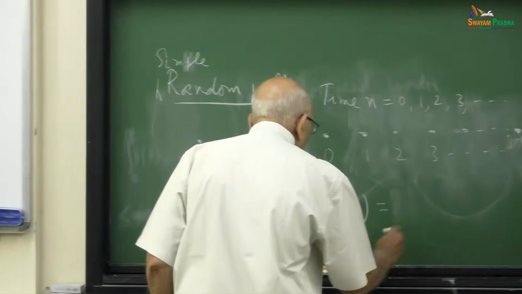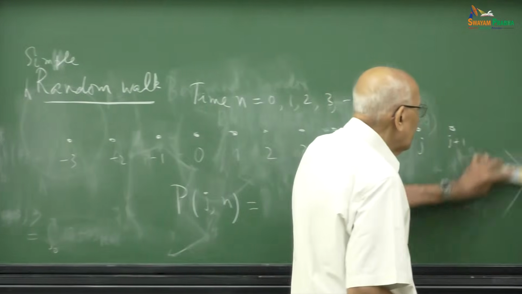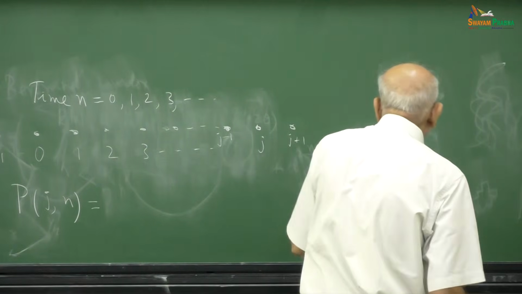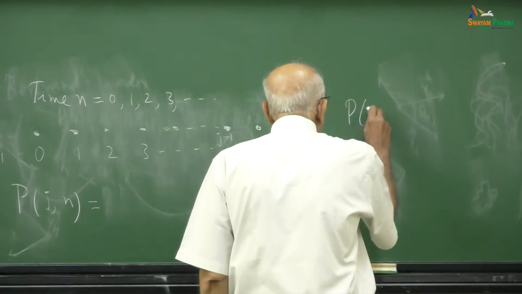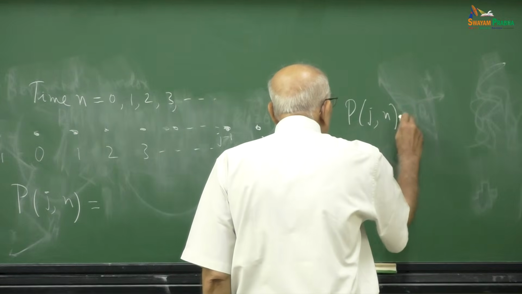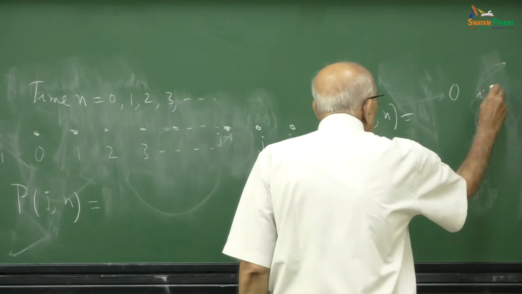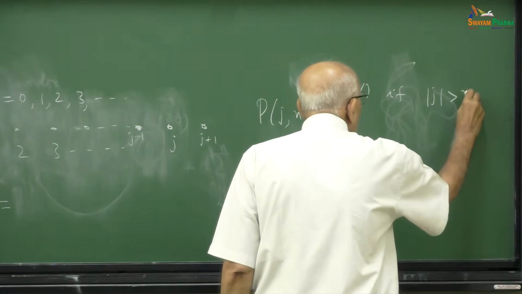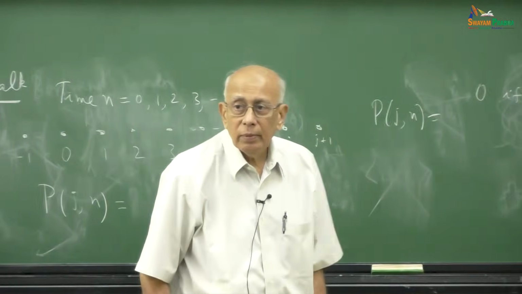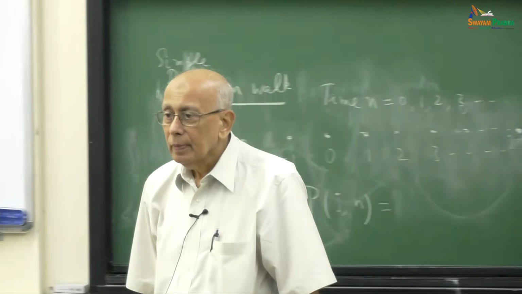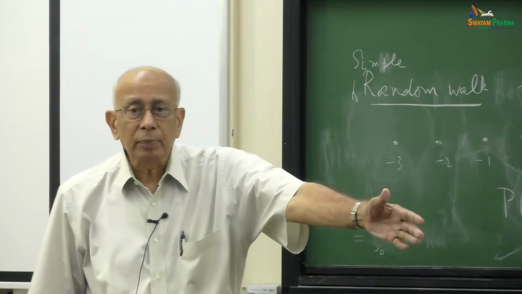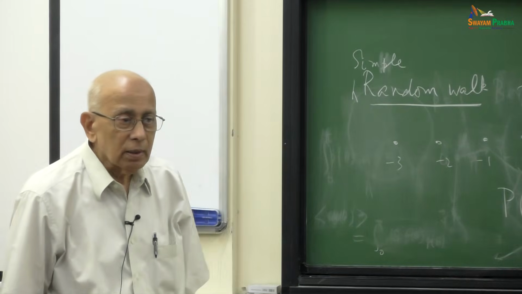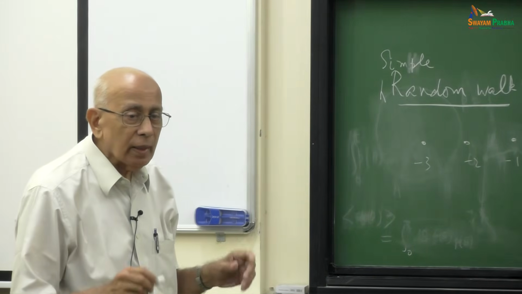So P(j, n) is equal to 0 if mod j is greater than n. Does everyone agree? You can't reach the place 10 steps distant in 9 seconds. So it's identically 0. It cuts off on both ends at n.